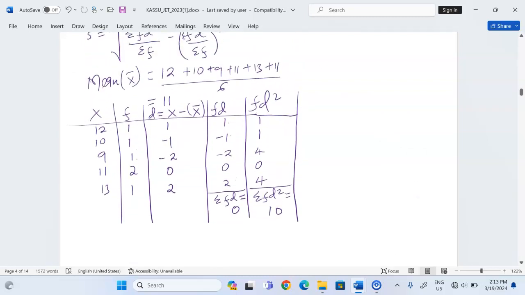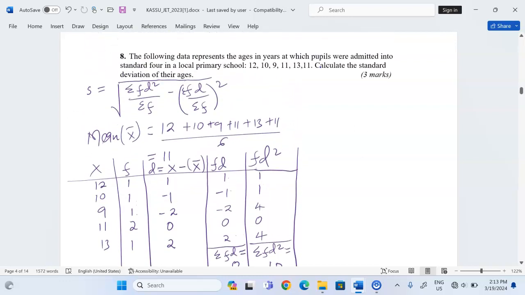So now we can go to the formula and substitute. We'll be requiring the square root of 10 out of 6 minus 0 squared.